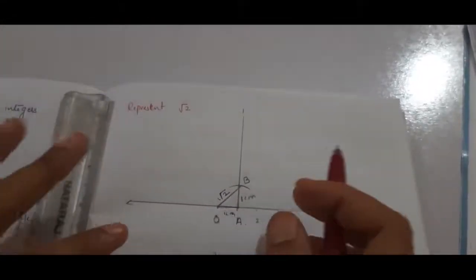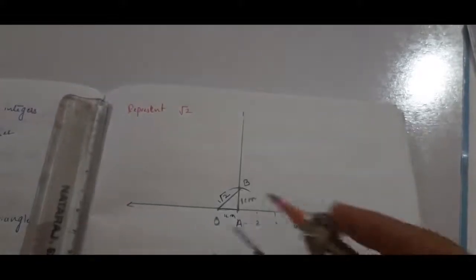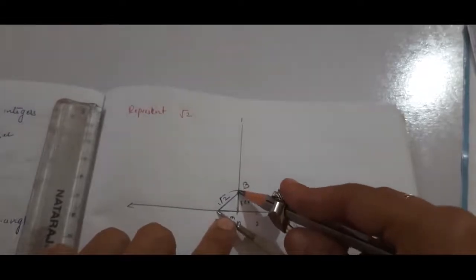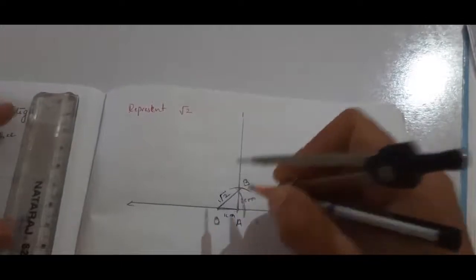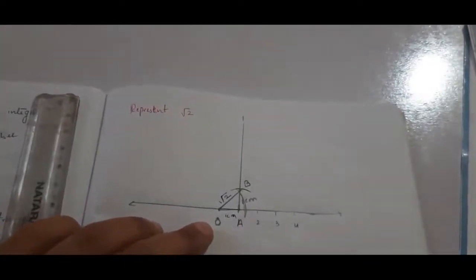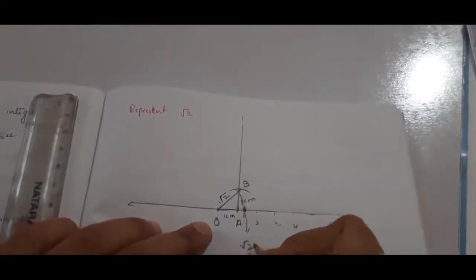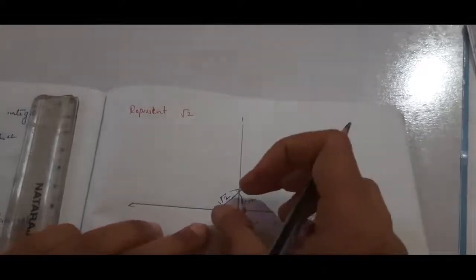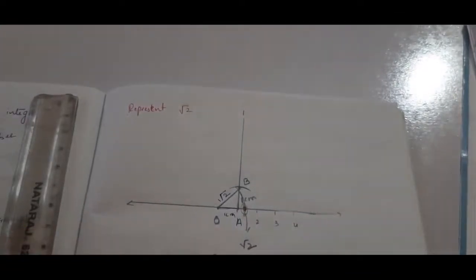Now, we want root 2 on the number line. So measure this length and take an arc on the number line. This is root 2, and this representation is root 2. Understood? Measuring root 2 here and taking an arc from that point, this is the representation of root 2.